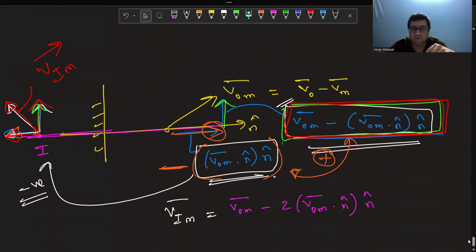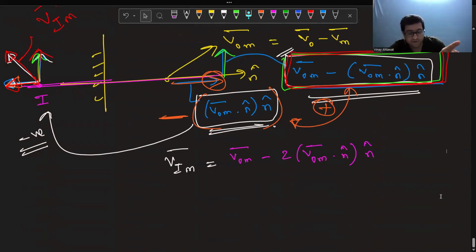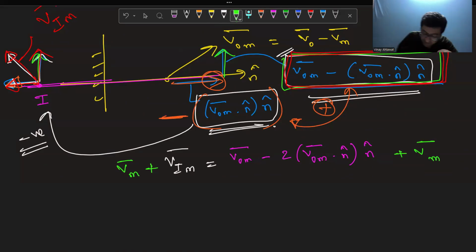Now, this is velocity of image with respect to mirror. This is not velocity of image. At the end, you have to add velocity of mirror to this quantity to get velocity of image with respect to ground.